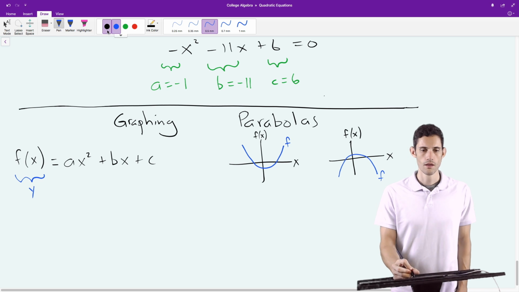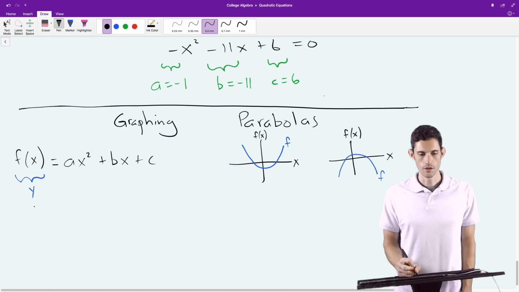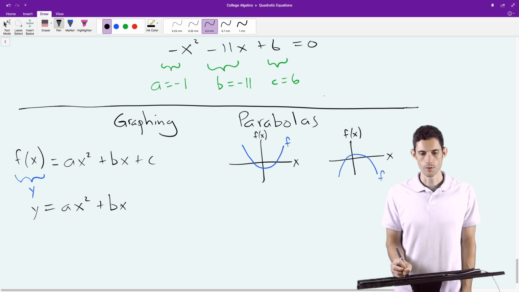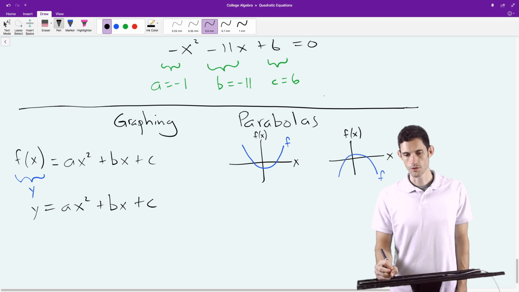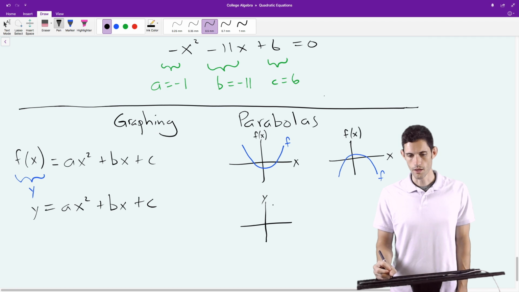So usually you'll see y equals ax squared plus bx plus c. And this graph will be labeled with a y up here and an x.